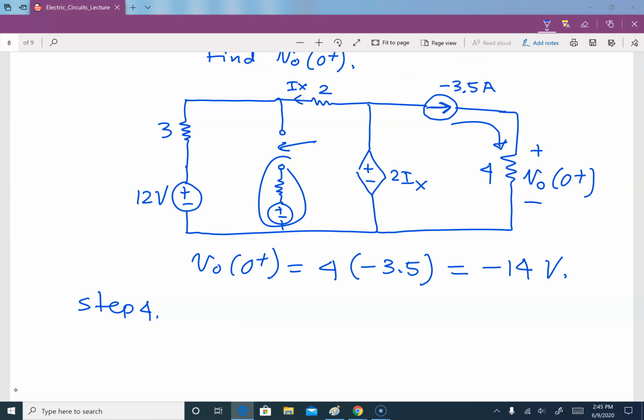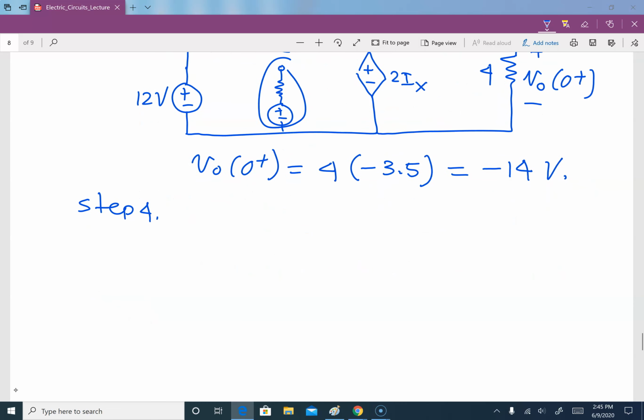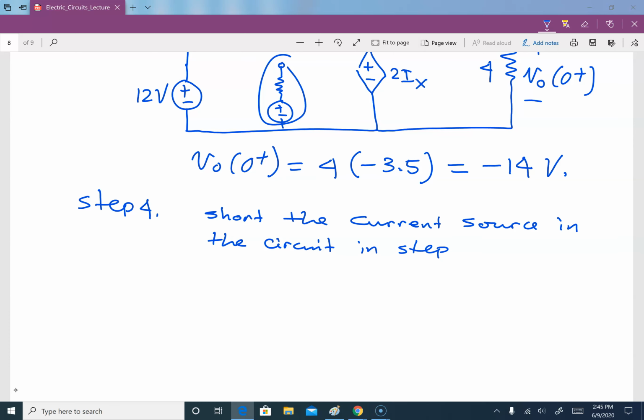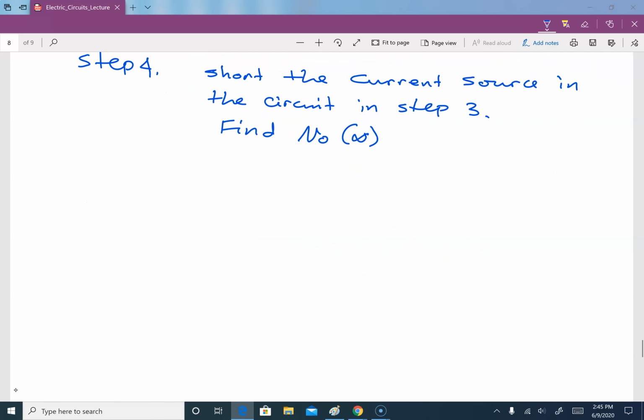So, short the current source in the circuit in step 3, and then find V naught of infinity. So this is what we will do.